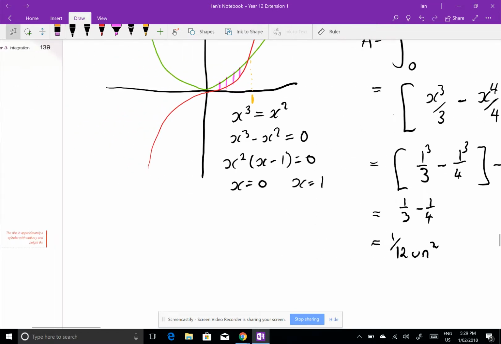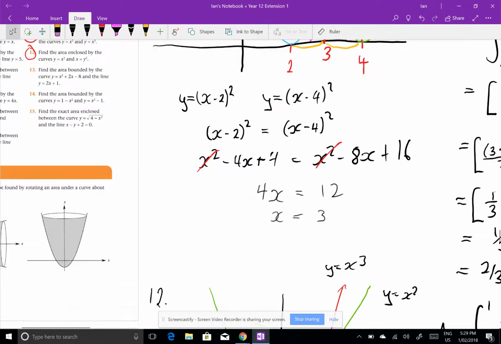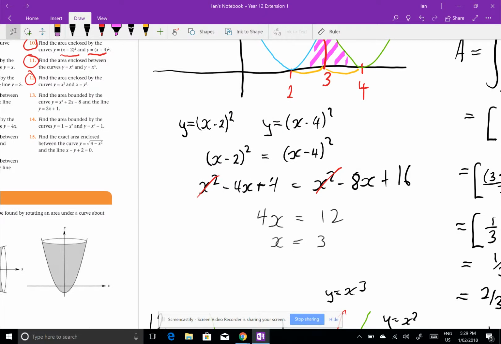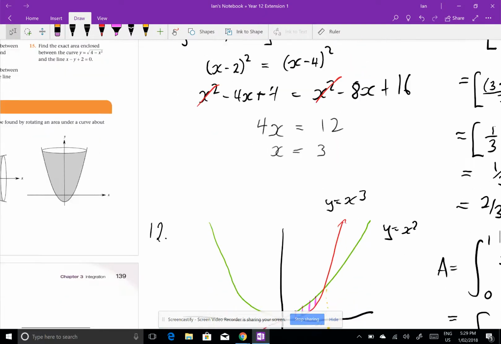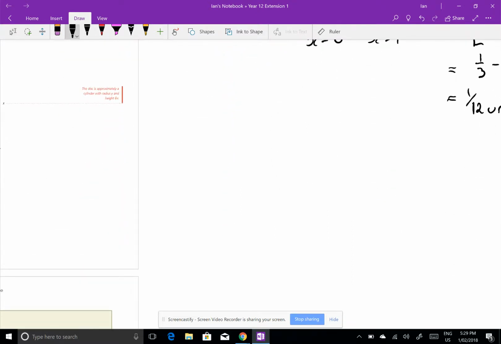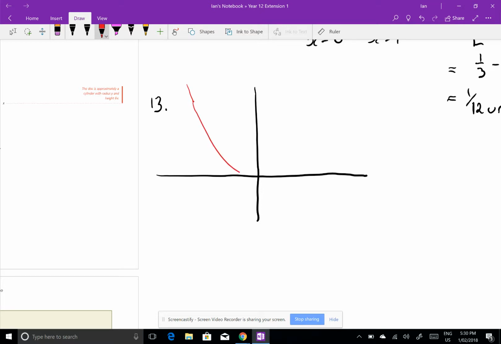Let's go to question 12. Find the area enclosed by y equals x squared and x equals y squared. Okay, so here we go. 13. Again, let's draw it. And let's get some colour again. Oh, we already got red, so we'll let y equals x squared be red.